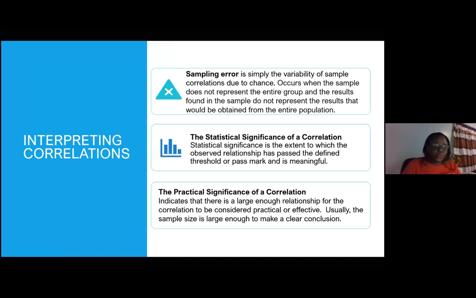Correlations are not foolproof. In fact, measurement errors do occur, and Shanae will expound on this topic a bit further in the presentation. But for now, let us just look at a regular survey. There is usually a margin of error because of the sample we've selected. This is where our term sampling error comes into play.